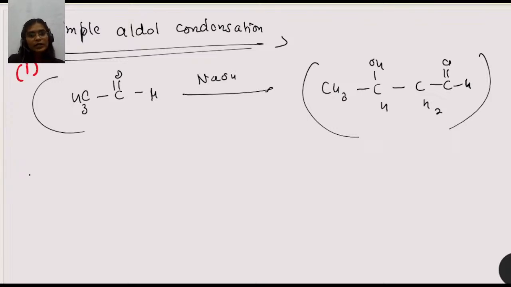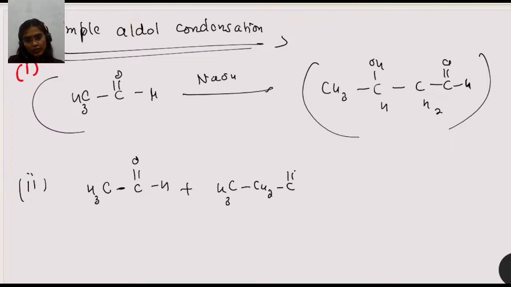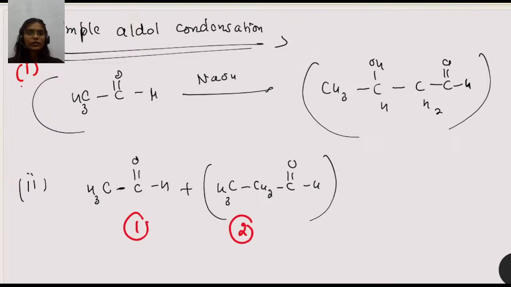But on the other hand, if I'm using two types of molecules, for example acetaldehyde plus one more, say CH3CH2CHO, you know this is a very basic thing in chemistry: if you're using unsymmetrical molecules, call them one and two, we end up with four types of products.